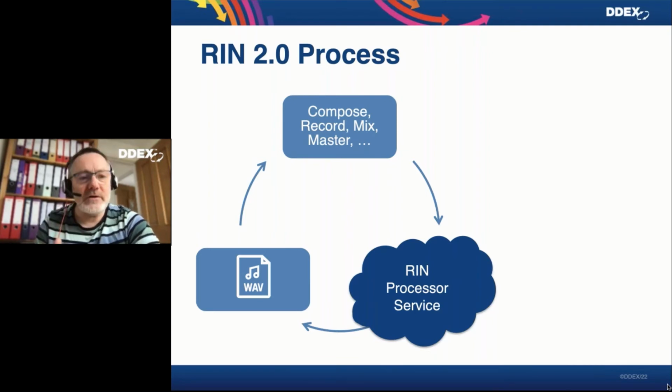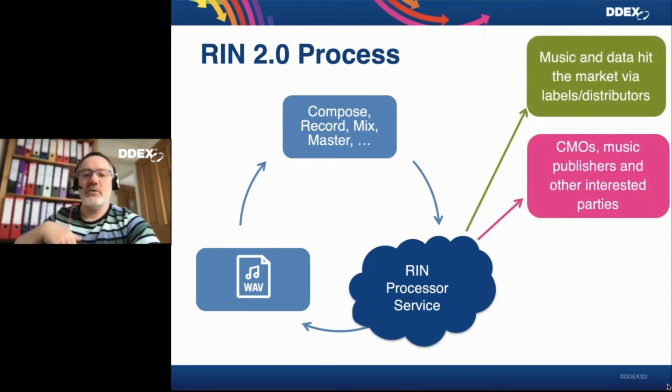And whenever there is a specific point in time, whether it's once a month or once a session is over, there may need to be information being sent off to the record company. All of that information will in the end be sent to the record company, who enriches the data, checks the data, and gets the licenses. It will then be able to hit the market via labels and distributors, as in RIN 1.0.